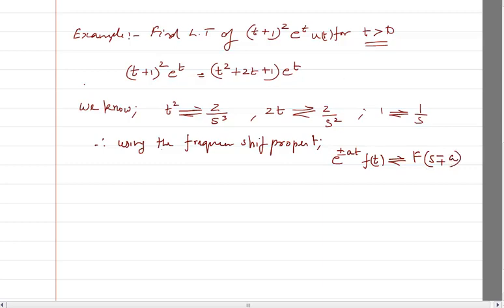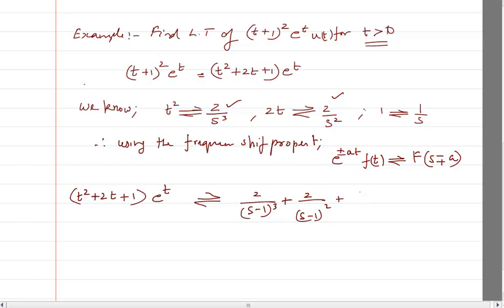Based on that, I can write that for t square plus 2t plus 1, the Laplace transform is going to be 2 by s cube. Now, multiplying with e raised to power t, because it is plus 1 here, s has to become s minus 1, so 2 divided by s minus 1 cube, plus 2 divided by s minus 1 square, plus 1 divided by s minus 1.